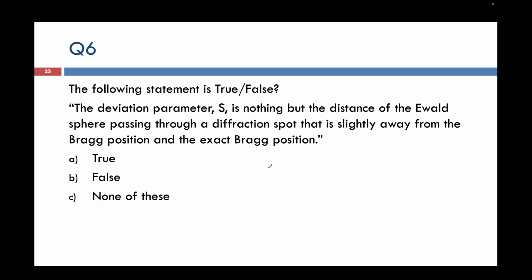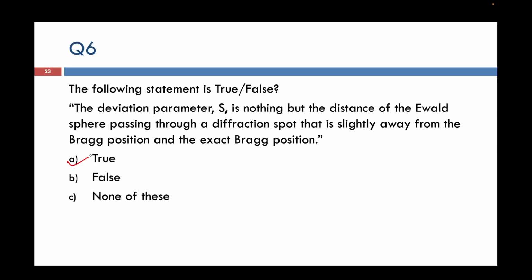The deviation parameter S is nothing but the distance of the Ewald sphere passing through a diffraction spot that is slightly away from the exact Bragg position. So is this true or false? True, yes, because that is the definition.